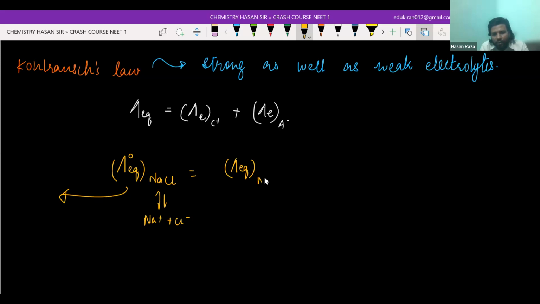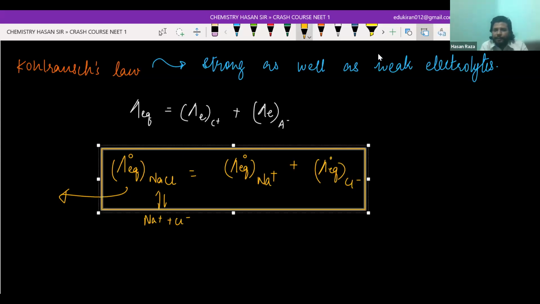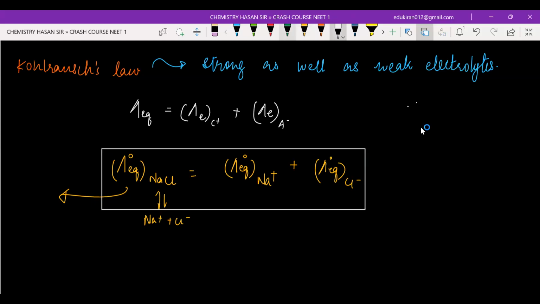So this will be equal to lambda equivalent of Na plus plus lambda equivalent of Cl minus. This will be the scenario for equivalent conductivity. Is that clear? All of you? Yes, sir.